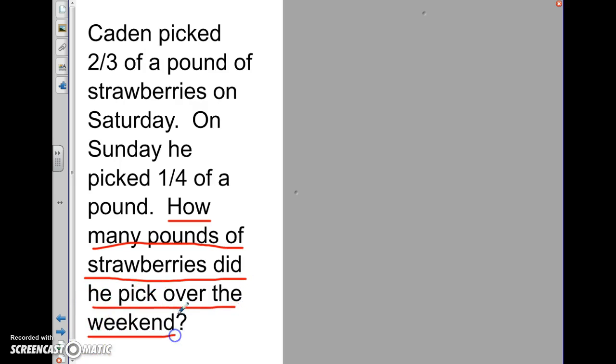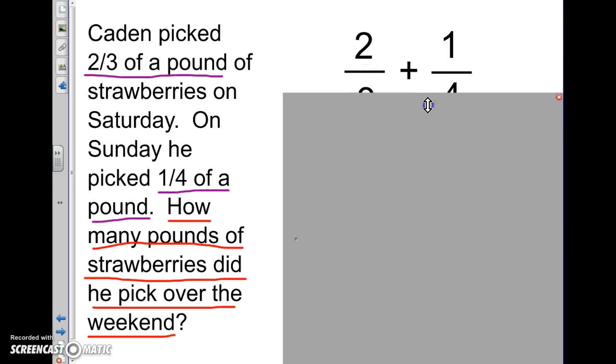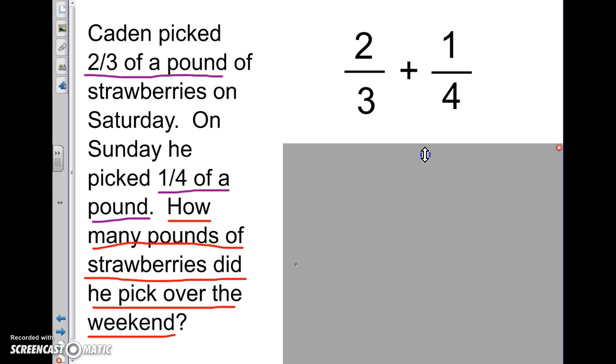So the weekend is made up of Saturday and Sunday, so total, I want to know how many he picked. Important information: he picked 2/3 of a pound on Saturday, and on Sunday he picked 1/4 of a pound. Since I want to know how much he picked altogether, that means I'm going to be adding. So I'm going to add those fractions, 2/3 and 1/4.